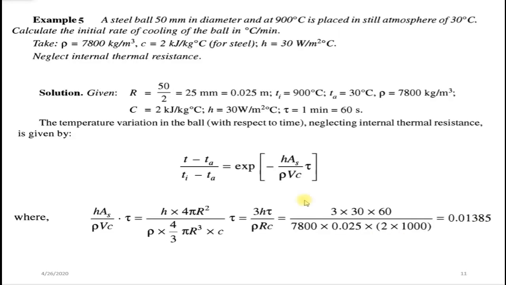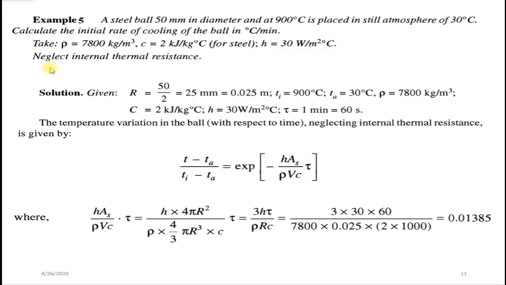Now going to example 5. A steel ball 50 mm in diameter and at 900 degrees Celsius is placed in still atmosphere of 30 degrees Celsius. Calculate the initial rate of cooling of the ball in Celsius per minute. Take density 7800 kg per meter cube, specific heat C as 2 kilojoule per kg degree Celsius for steel, and convective heat transfer coefficient h as 30 watt per meter square degree Celsius.